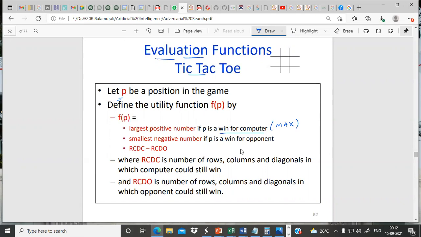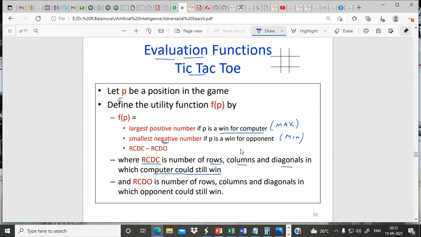And if it is the human's move, then the human will select the smallest negative number. So for a given state, how do we associate an evaluation function? Here we can associate an evaluation function something like this: RCDC. It is the number of rows, columns, and diagonals in which the computer could still win.